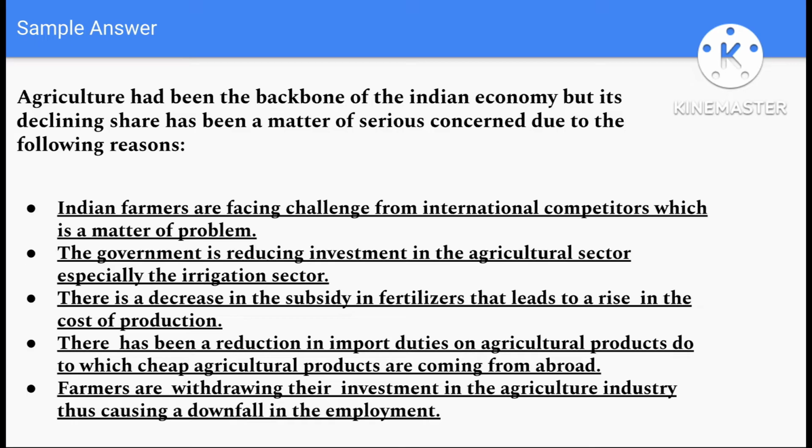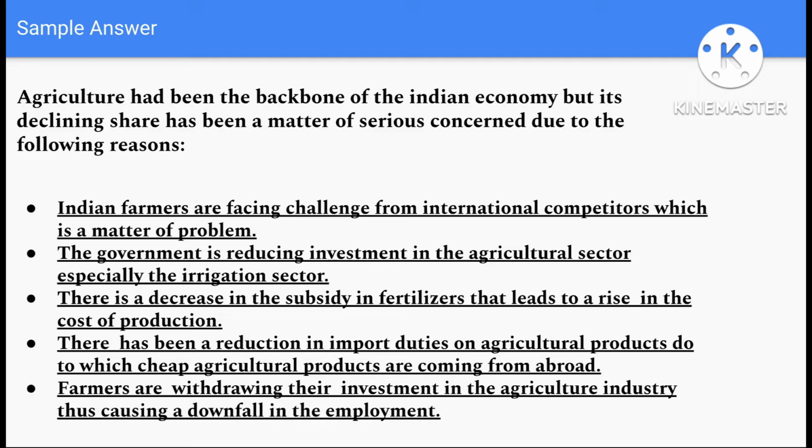The third is that the government is also reducing investment in the agriculture sector, especially irrigation, because irrigation is very important for agricultural production, and mostly the government is not improving the irrigation facilities in our country. That's why productivity is very low.